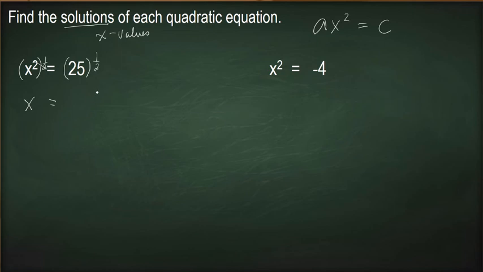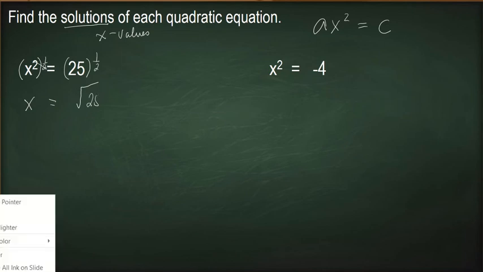Kagaya ng sabi ko kanina, any term raised to a rational or fractional exponent is equivalent to its radical. Or may katumbas siya na radical. Okay. So, we have now the radical sign, 25. Exponent is 1, index is 2. Since 2 at saka 1, hindi na kailangan pang isulat yun.